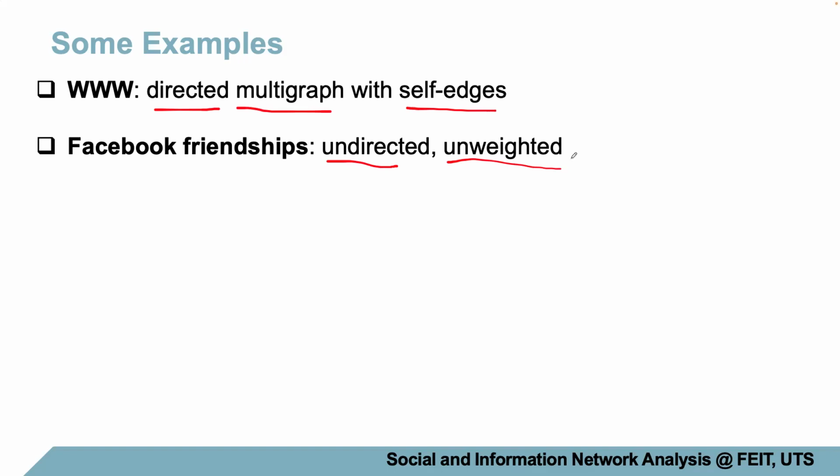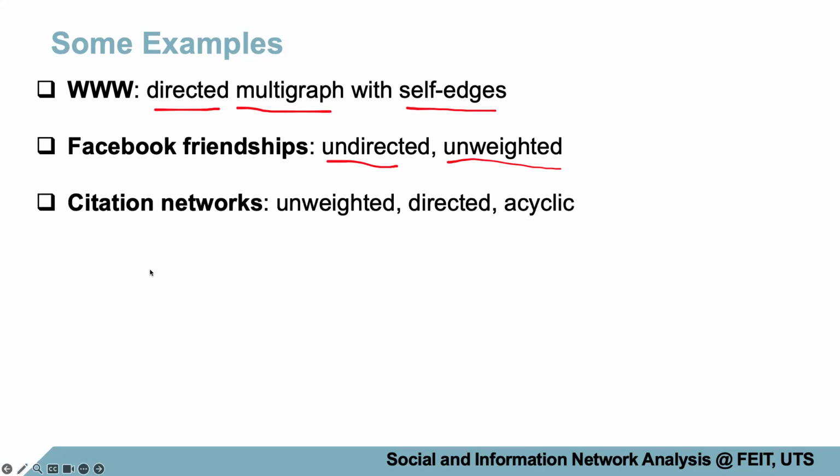Some may define the friendship between two persons as strong or weak, so it has weight, then it will be a weighted graph. Or you can define the friendship as the communication frequency between them. So that depends on how you define the graph and how you want to analyze this network.